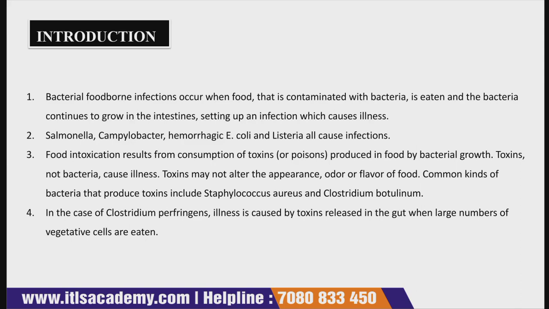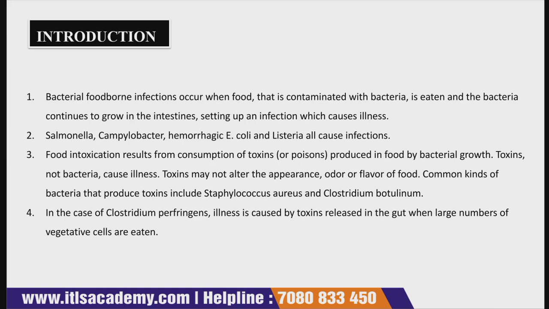So toxins, not bacteria, cause illness. The presence of toxins does not alter the appearance, odor, or flavor of the food. Common kinds of bacteria that produce toxins include Staphylococcus aureus and Clostridium botulinum.